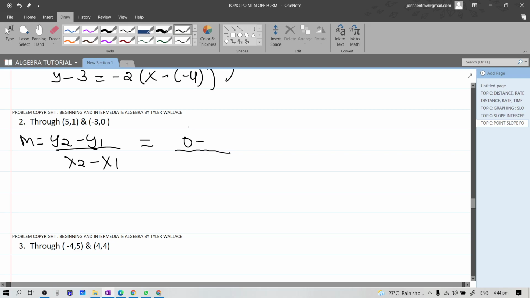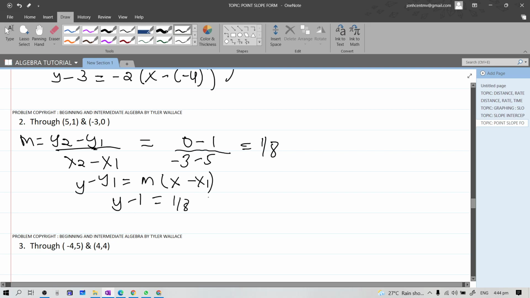And your y sub 1 is 1 over negative 3 minus 5. So, we will get the slope of 1/8. Okay? Then, y minus y sub 1 is equals to m times x minus x sub 1. We will have y minus 1 is equals to 1/8 times x minus 5. So, that is the answer. Okay?